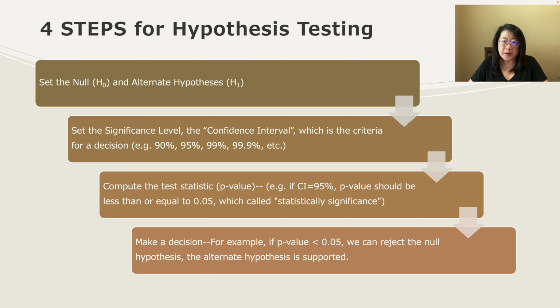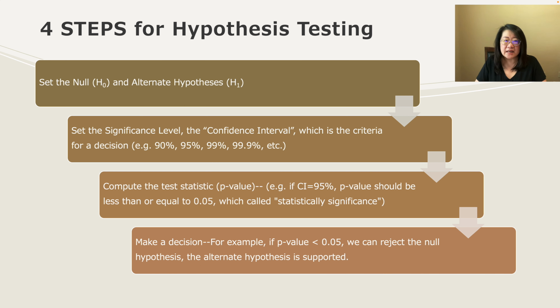So when we do hypothesis testing, we follow 4 steps. Number 1, you have to set the null hypothesis and the alternative or research hypothesis, H0 and H1. Second step, you set the significance level, which means you have to decide how big the alpha value should be.